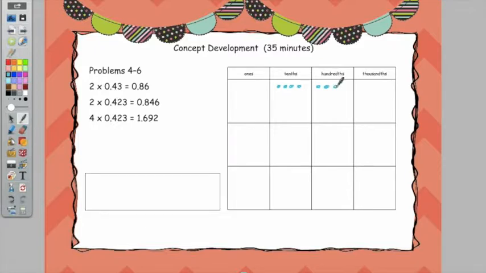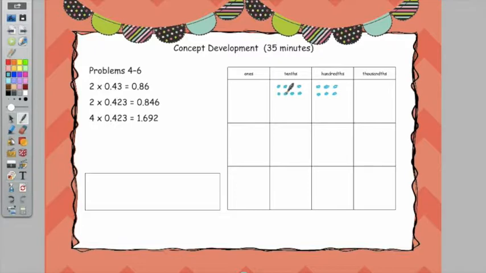That's what it looks like, okay? And you'll probably run into this on Zern, so make sure you're with me. And how many copies do I have here? 2 copies. So does that turn out to be 86 hundredths like they have? Yes. There's 8 and there's 6, so it worked, okay?